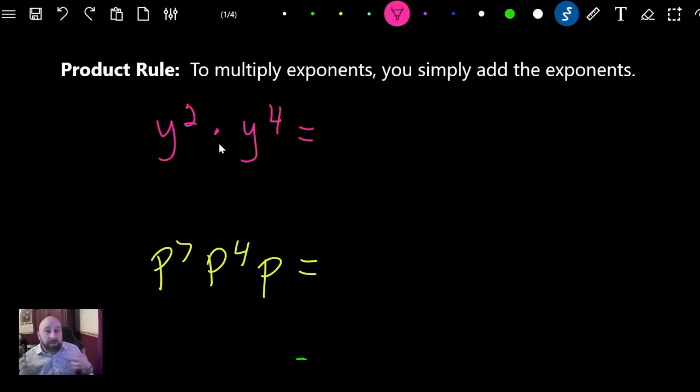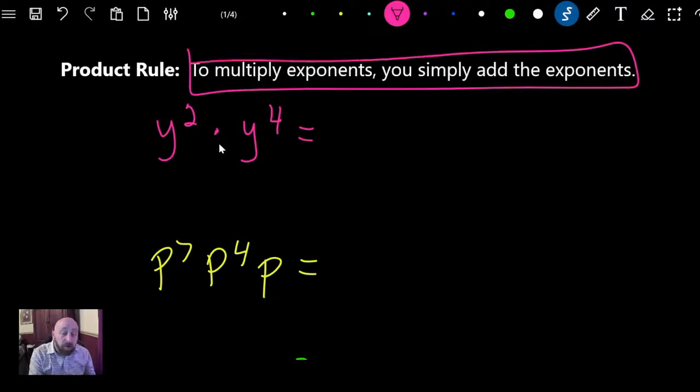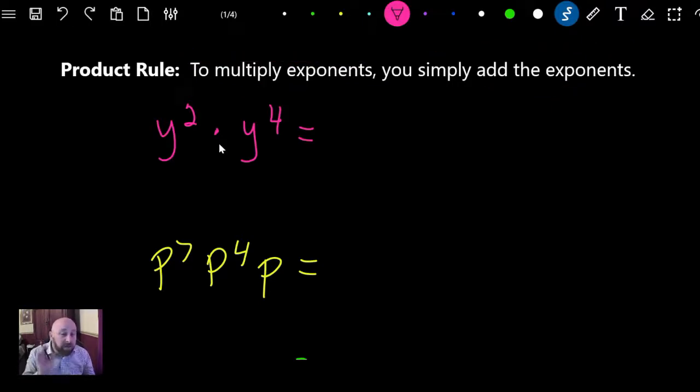Stop trying to make things make sense in algebra, because guess what? They don't sometimes. You don't have to know what's going on at this very moment. You're going to learn what's going on as we continue through the course, but you have to learn the rule. You have to learn what the rule is, and then follow the rule.